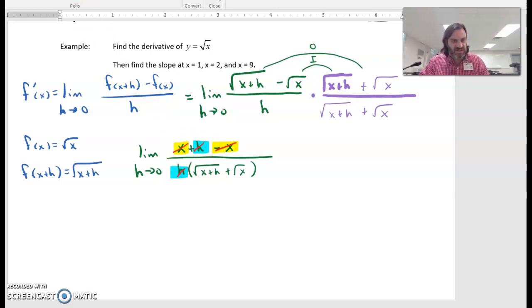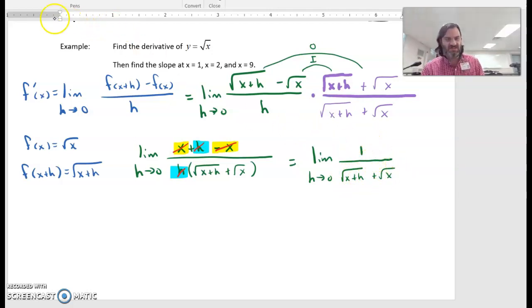So when we clean that up, we come to the limit as h approaches 0 of, everything looks like it's gone up top, but it reduced, so there's still a 1, and on the bottom there's a square root of x plus h plus square root of x. Now there's still an h in the bottom, but because of where it is, when we let h be 0, it doesn't cause any problems.